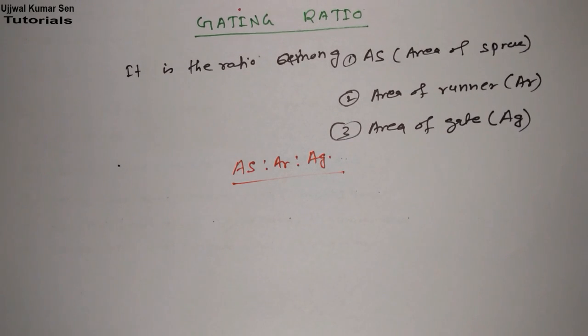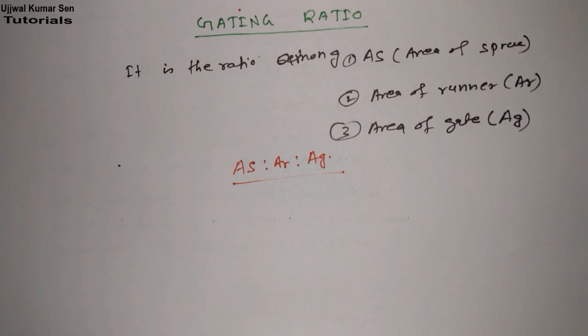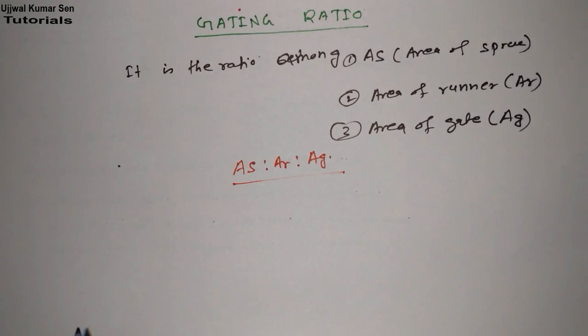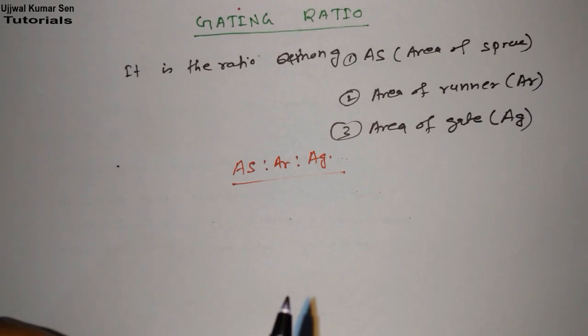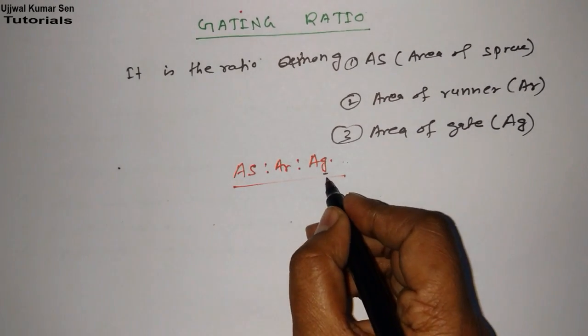Now the most important thing is how you can remember this ratio. Think of the ABCD alphabet. In alphabetical order, which of these three comes first? G, definitely.